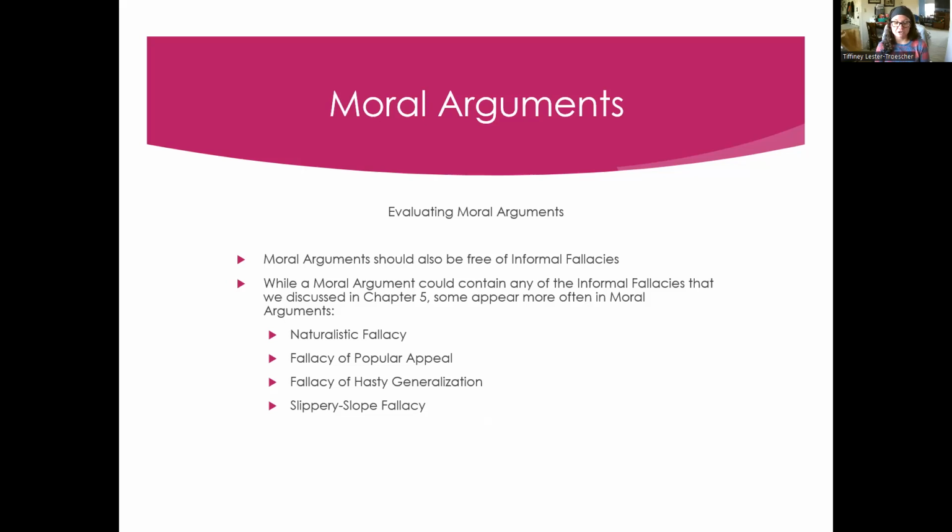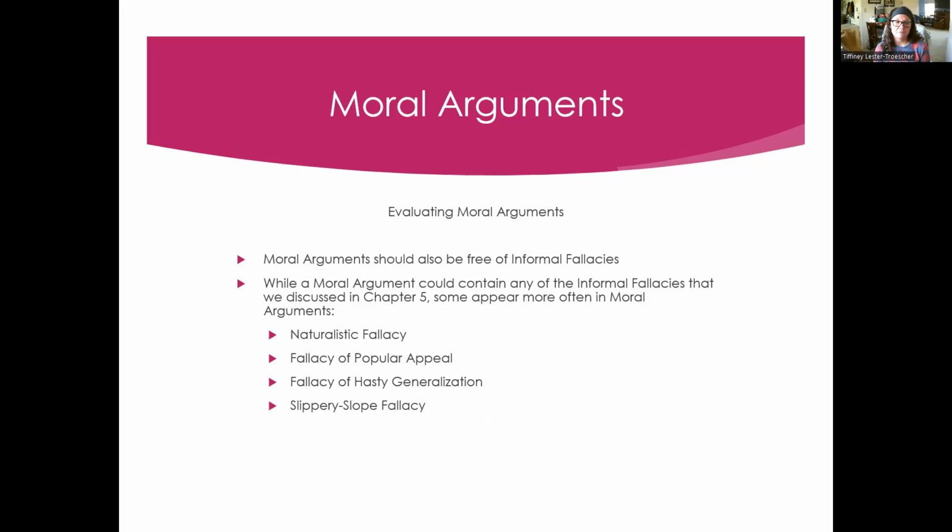There's nothing wrong with it, right? And that's not to say that the claim is wrong, not to say that marijuana shouldn't be legal, but just that saying that it should be legal because it's natural isn't the best way to support that claim, because it's the naturalistic fallacy.